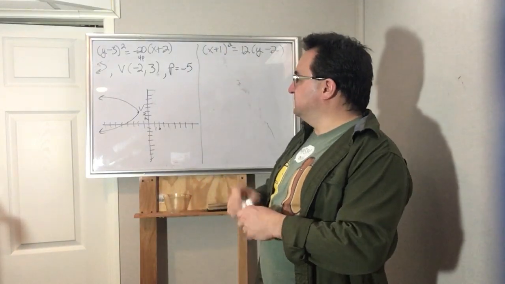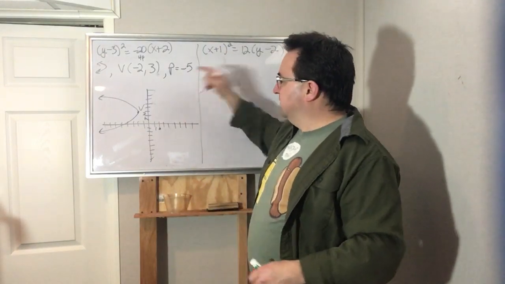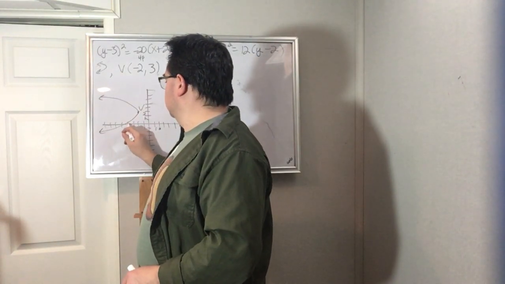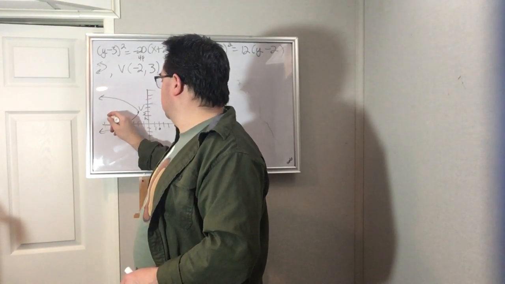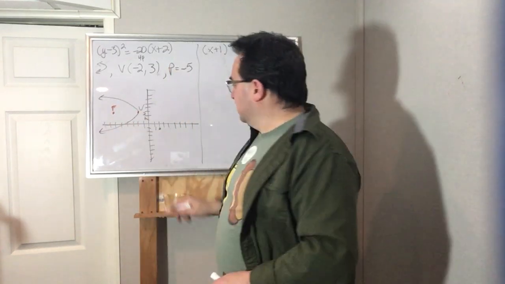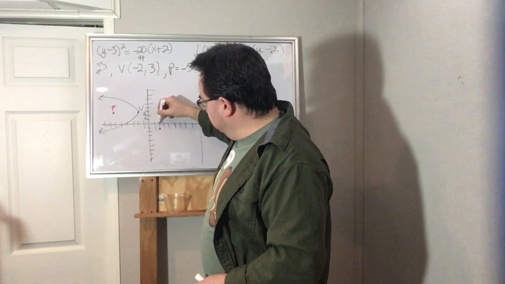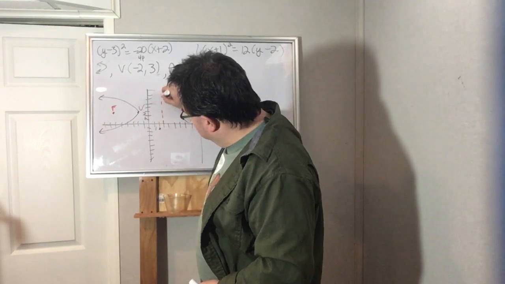And the focus has to be 5 units inside of the dish. So if this is at 2, 1, 2, 3, 4, 5. And the directrix is 5 units on the other side, 1, 2, 3, 4, 5. So line right here.